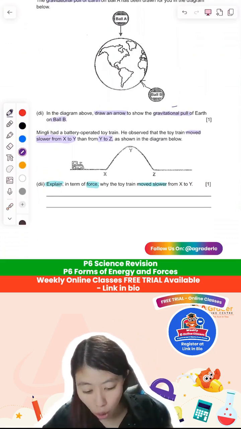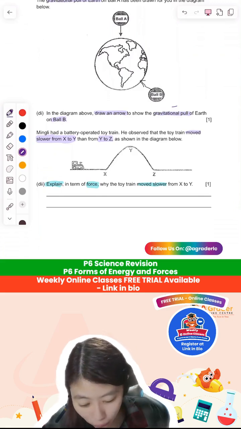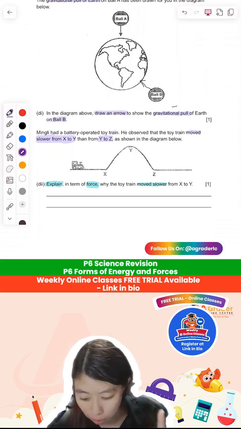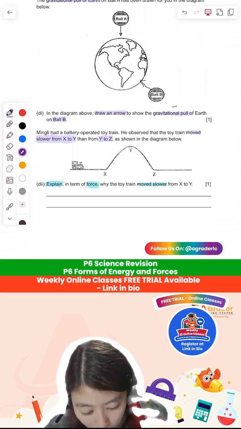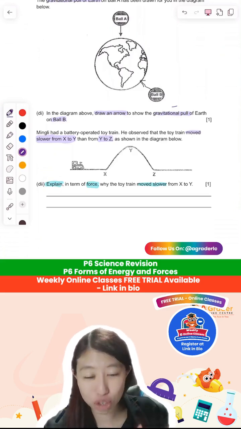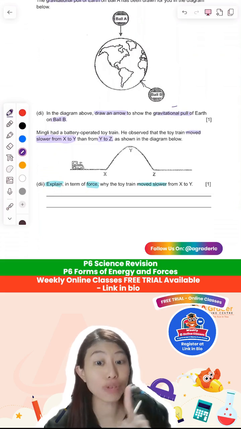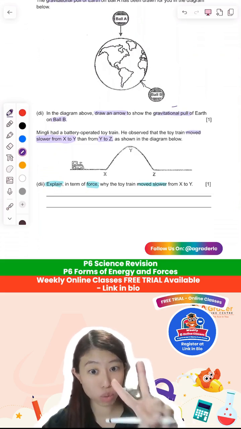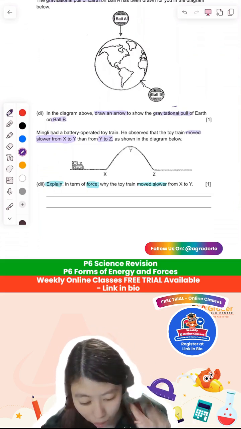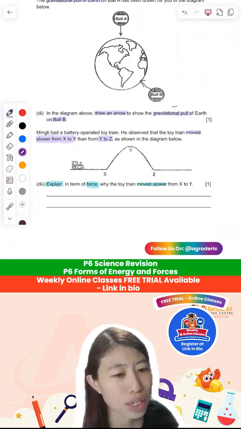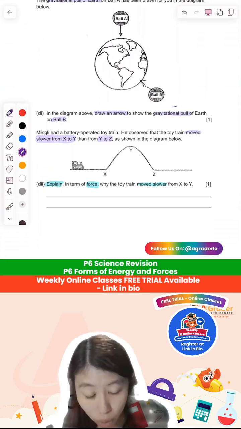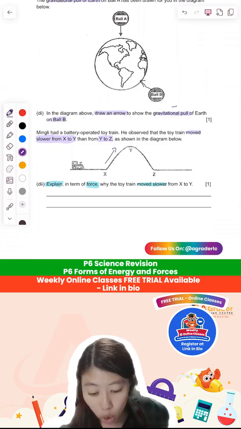So everybody, what happens from X to Y is the train is moving up, right? When you're moving up, you are going against two types of forces. Does anyone know what forces you are going against?